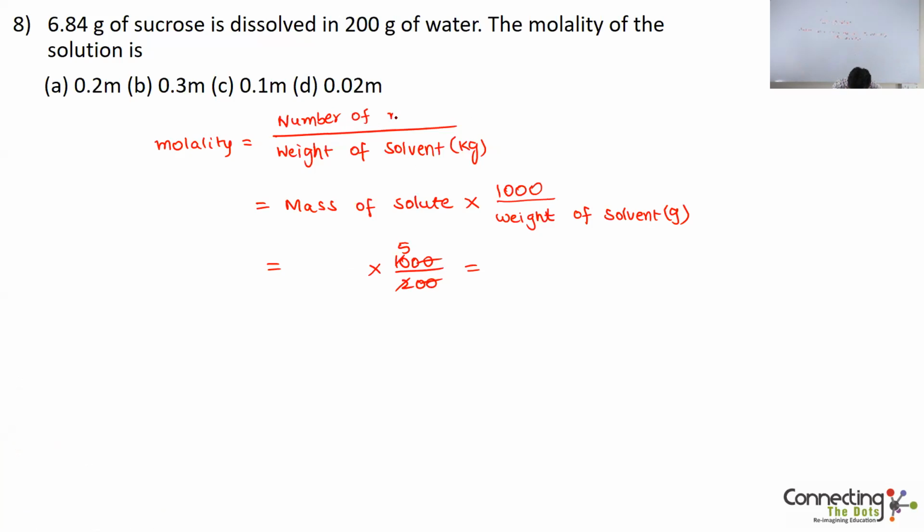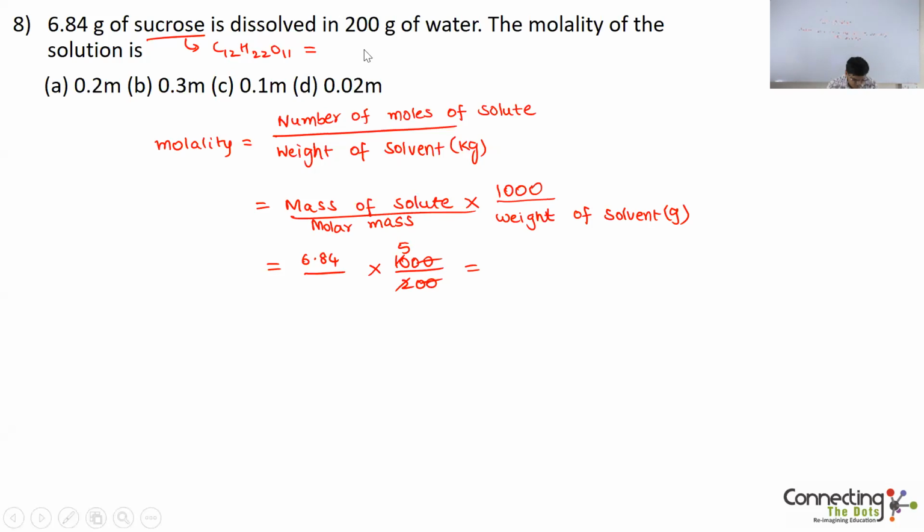Number of moles of solute is nothing but mass of the solute by molar mass of solute. So mass of the solute is 6.84 divided by the molar mass of solute, which is sucrose. Sucrose is C12H22O11.